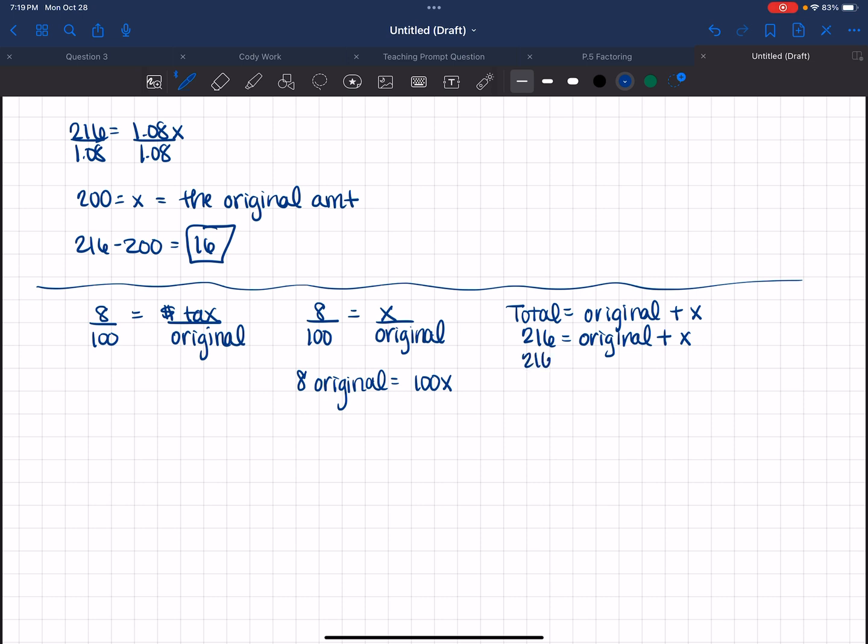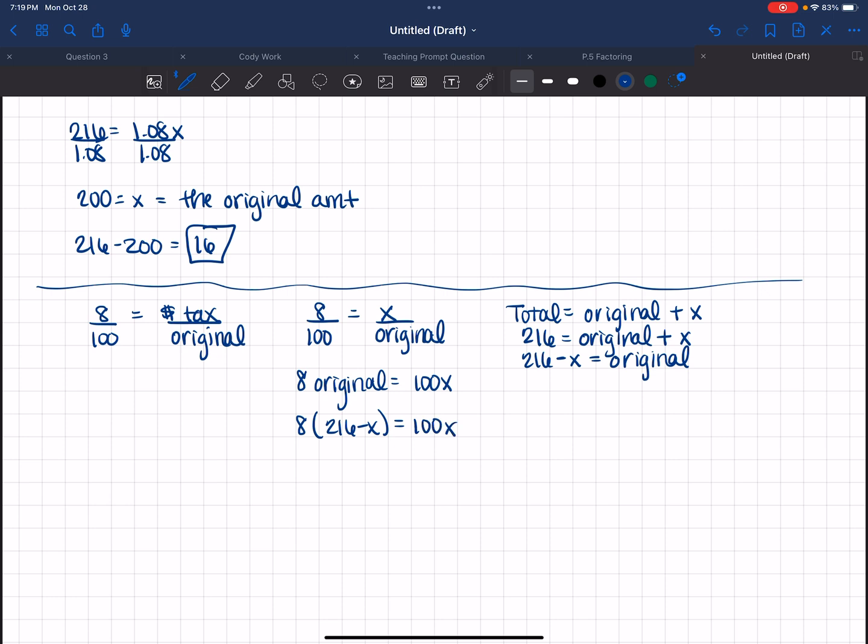It's 216 minus that tax equals the original. So everywhere I see the word original, I'm going to put the 216 minus X. So this is really 8 times (216 minus X) equals 100X.